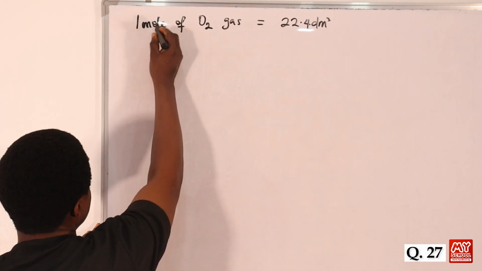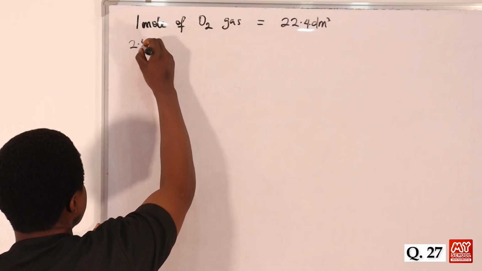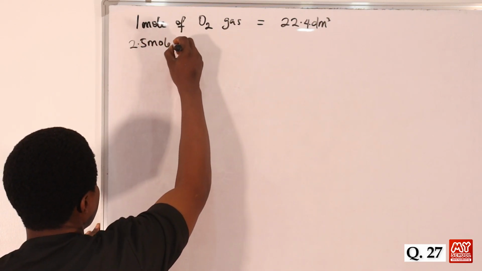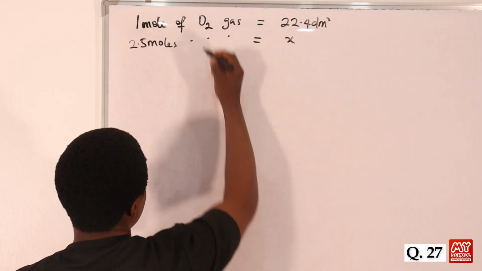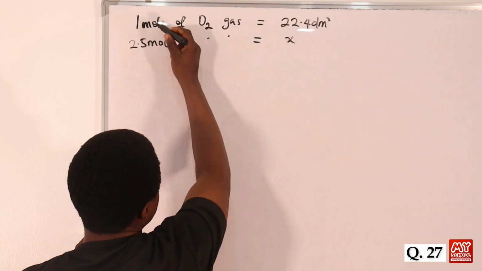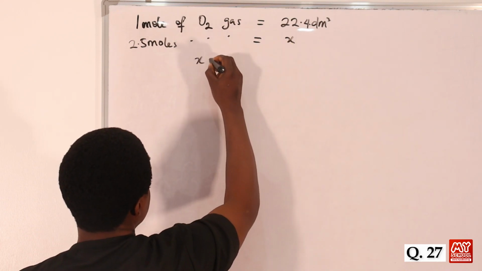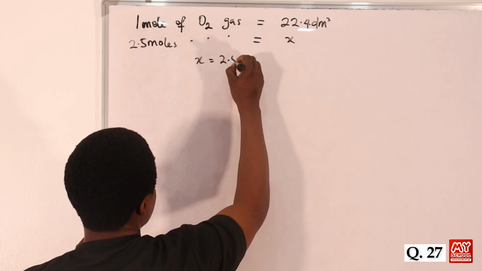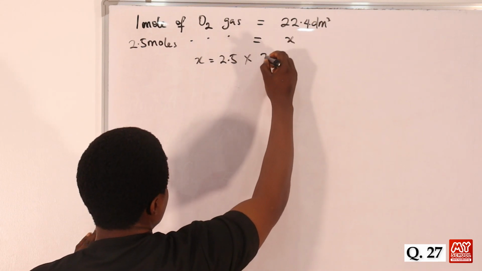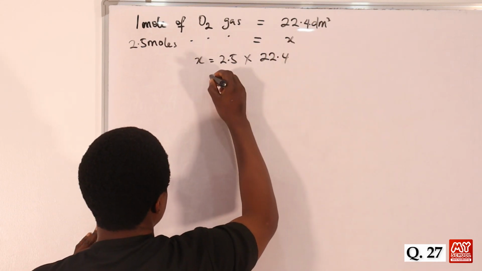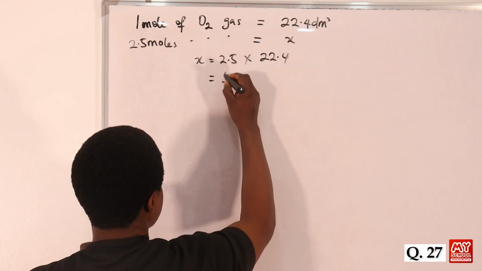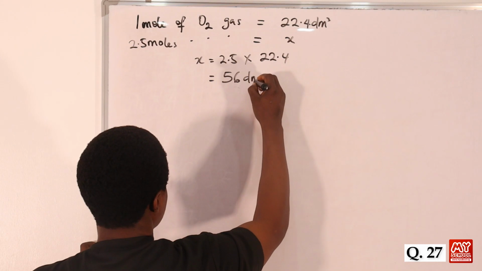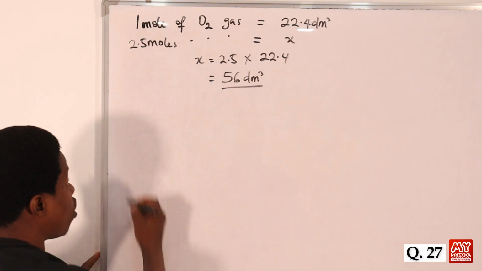This is 1 mole, so that means 2.5 moles of oxygen will give what? Will give X. If you cross multiply, you will have 1 times X equal to X, then 2.5 moles times 22.4. By the time you multiply this together, you shall be having 56 dm3. So that is one approach.